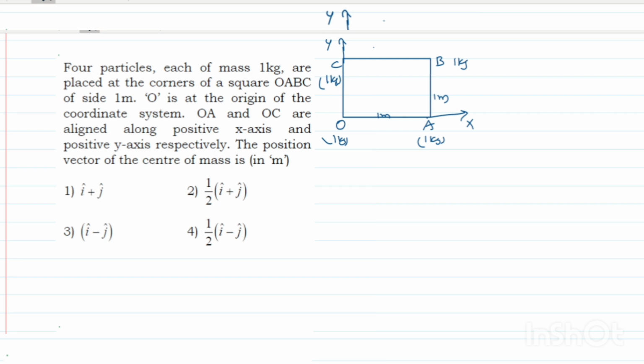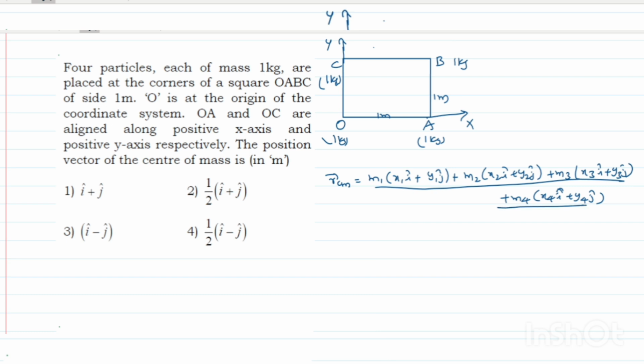R_CM will be equal to M1 into (x1 i cap plus y1 j cap) plus M2 into (x2 i cap plus y2 j cap) plus M3 into (x3 i cap plus y3 j cap) plus M4 into (x4 i cap plus y4 j cap), divided by the total mass, which will be 4.